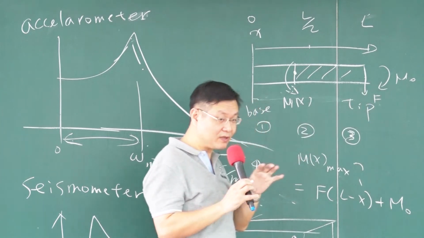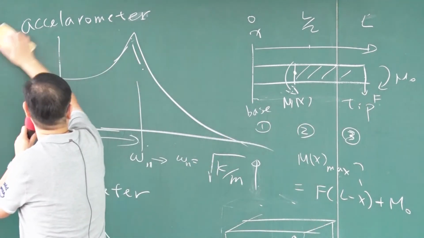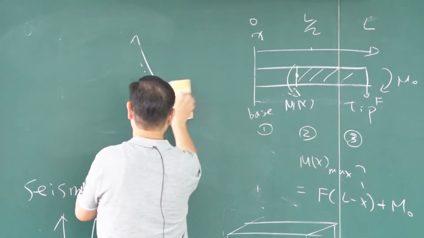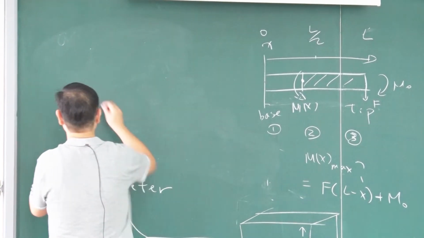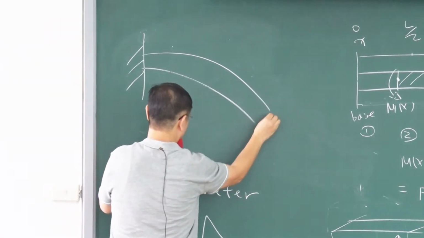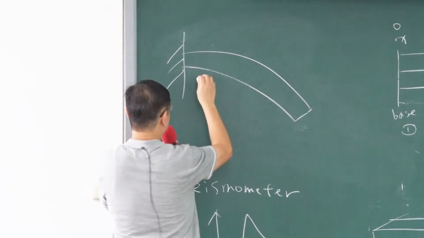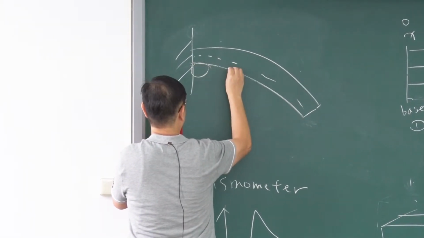Let me draw a figure to make you understand this in more detail. Otherwise, if you only memorize the equation, you never get the physical meaning. Think of this. You have a bending like this. You draw the curvature along this surface and find a small curve.